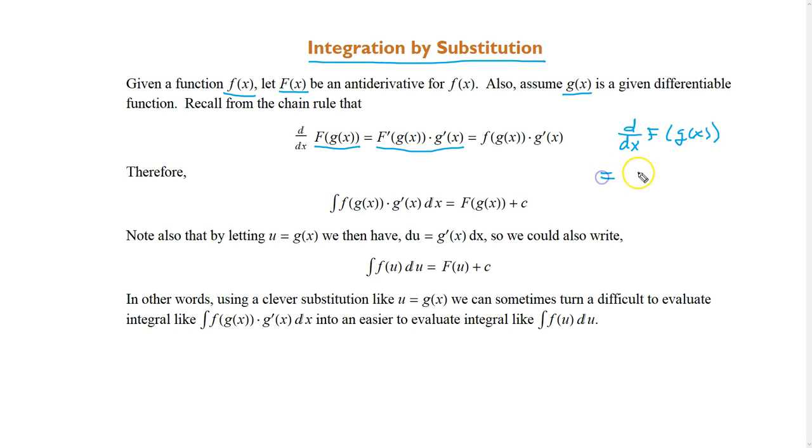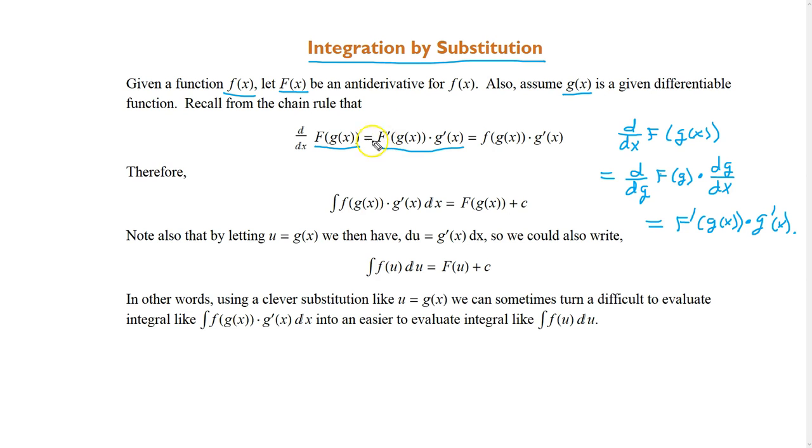This is the same as d dg of capital F of g times dg dx, and you just obtain F prime of g, where g is a function of x, times g prime of x. Okay, so that's how we go from here to here.